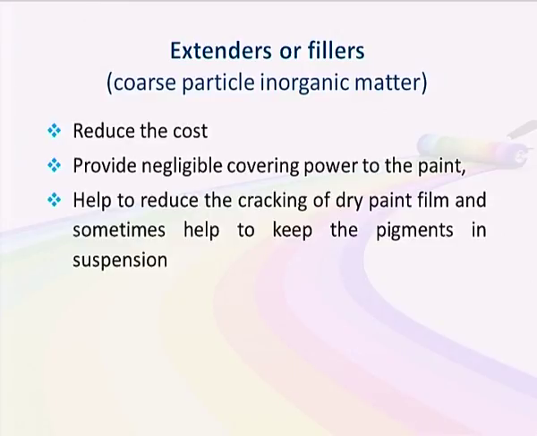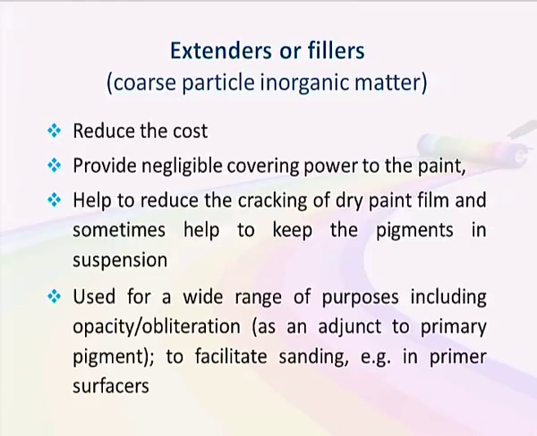They help to reduce the cracking of dry paint film and sometimes help to keep the pigments in suspension. They are used for a wide range of purposes including opacity, to facilitate sanding, for example in primer coats.